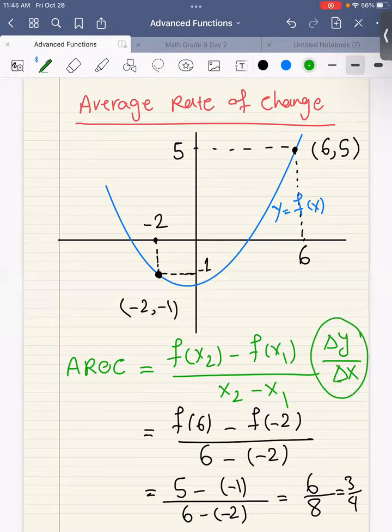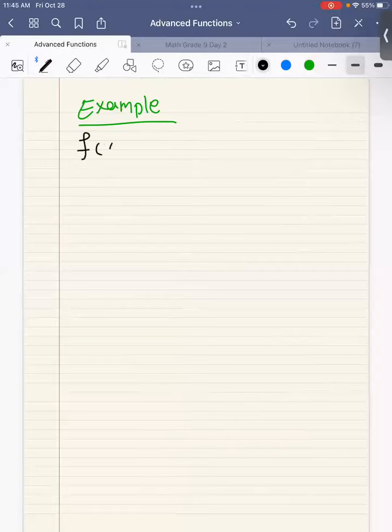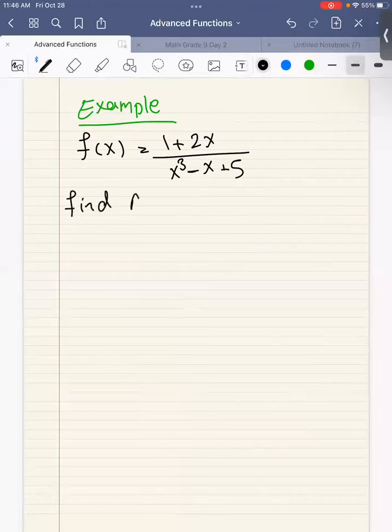Okay. So let me just give you another example. If I give you a function like f of x, imagine it's equal to (1 plus 2x) over (x cubed minus x plus 5), and I want you to find the average rate of change over the interval, let's say 1 and 2.